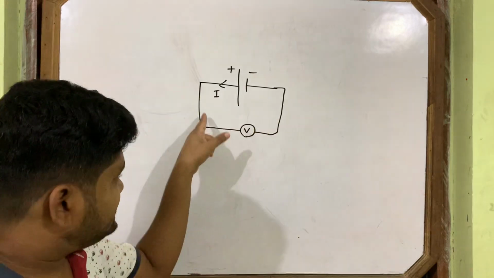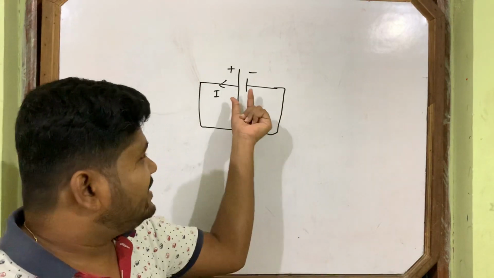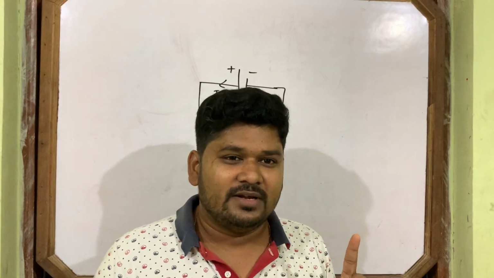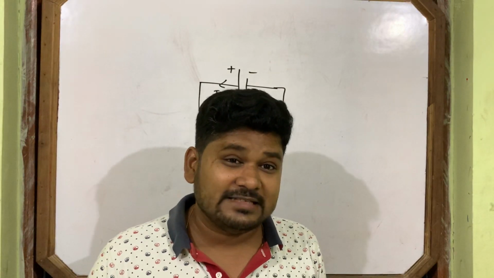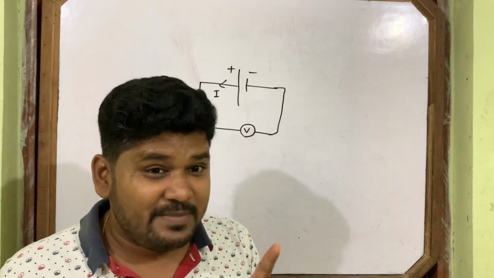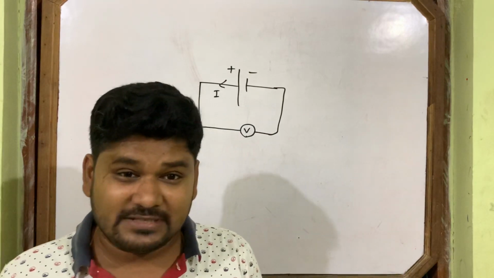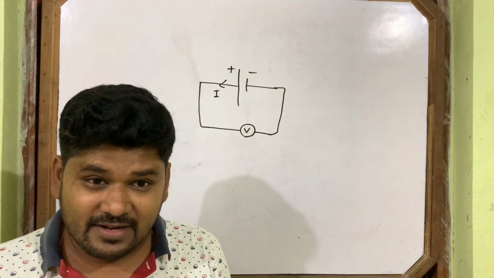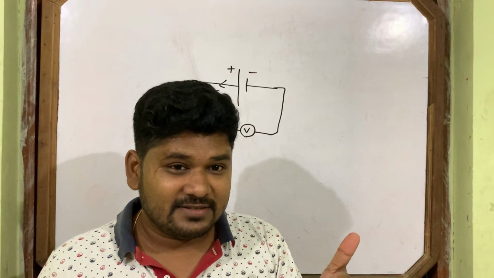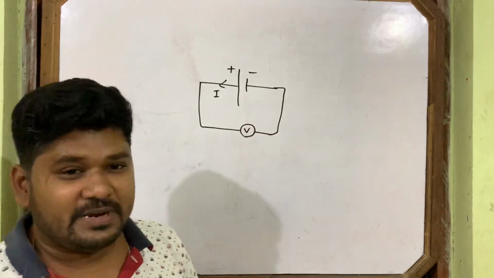So current passes. Is the difference of potential now the EMF? No, it is less than the EMF. Because EMF is the potential difference between two terminals of the cell when no current is drawn from it. This is the definition you have read.